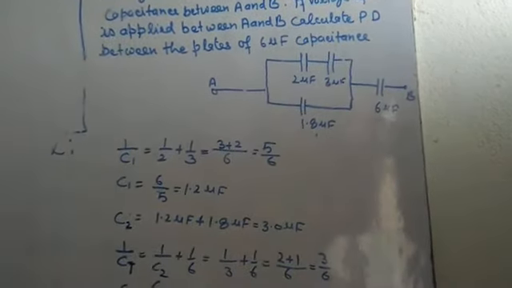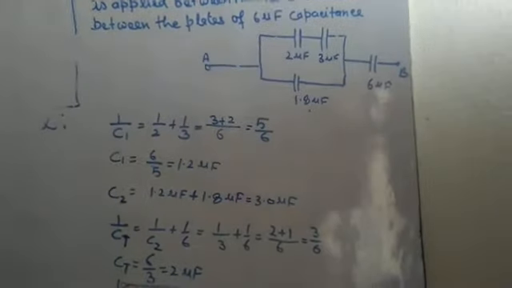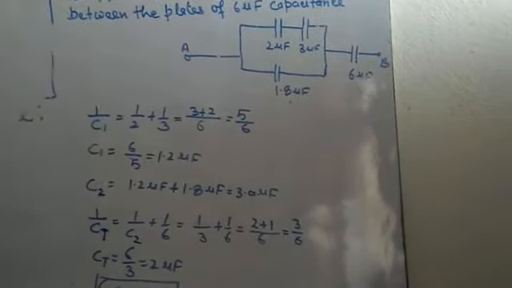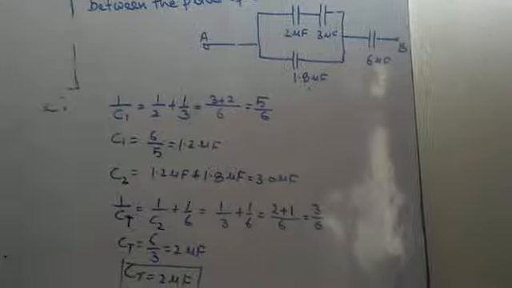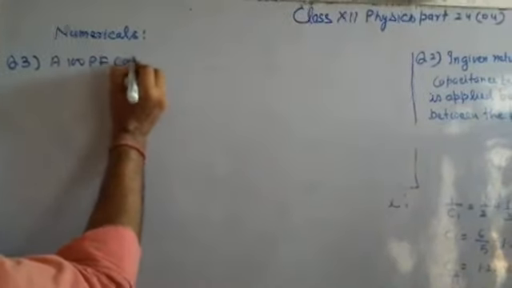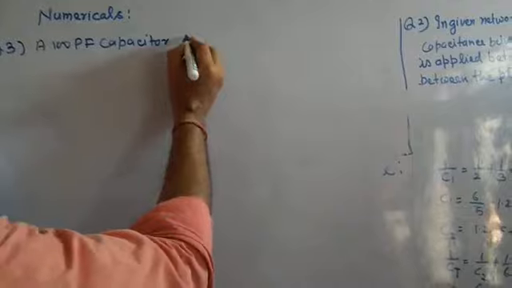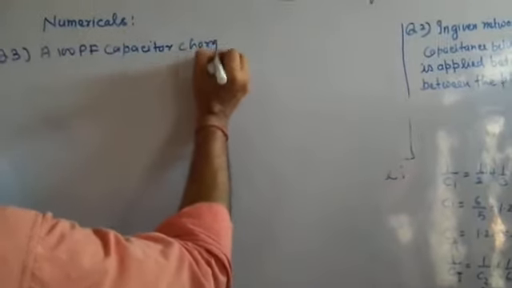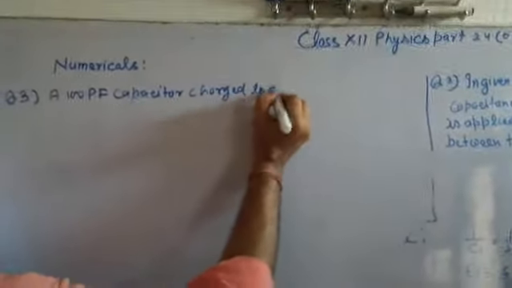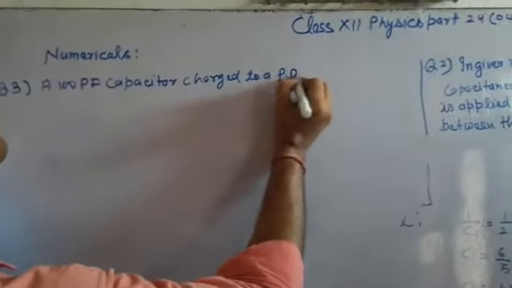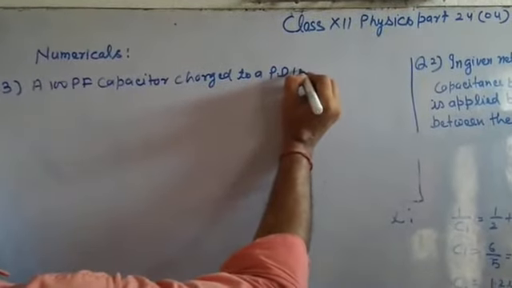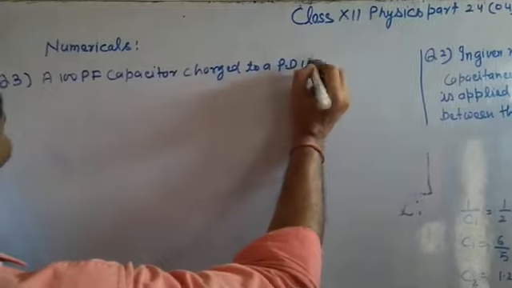Now come to the third question. A 100 picofarad capacitor is charged to a potential difference of 100 volt.